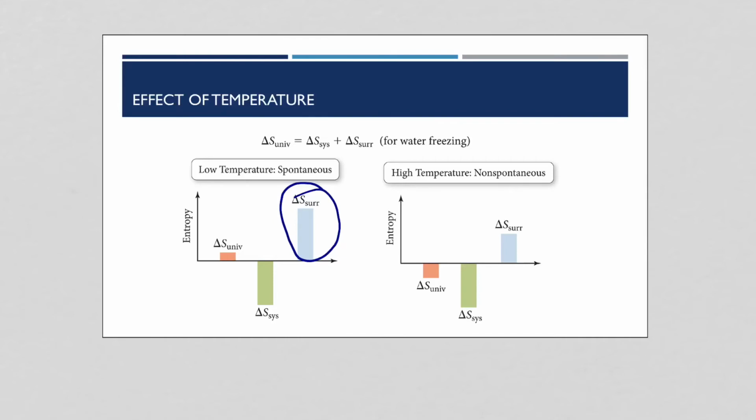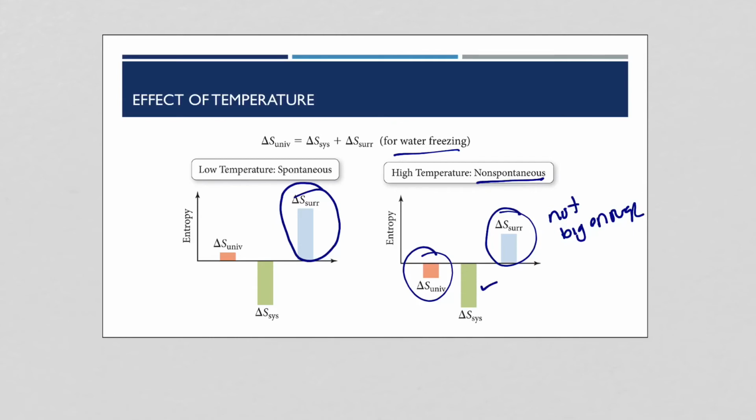But at higher temperatures, in other words, temperatures above 0 for freezing anyway, this increase is not big enough to overcome the entropy of the system, and so we end up with a negative change in the entropy of the universe, and therefore a non-spontaneous process. So these changes are temperature dependent, right? They may occur at some temperatures but not others.